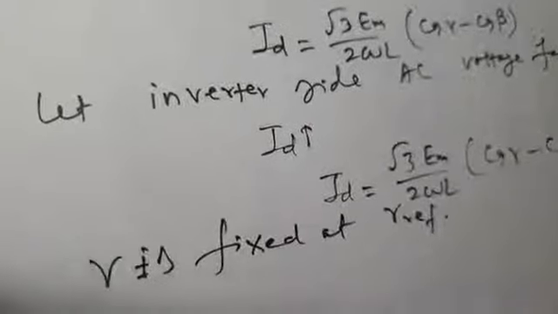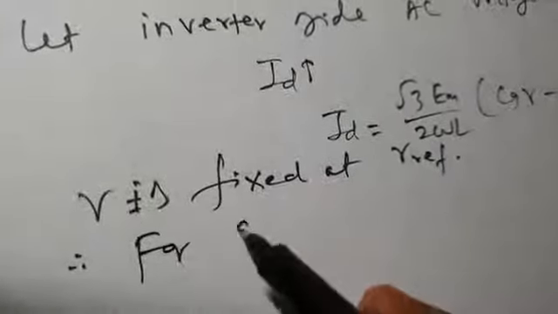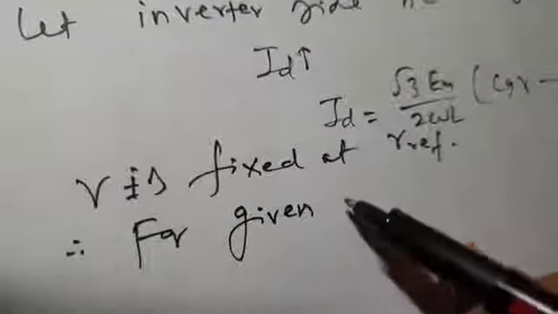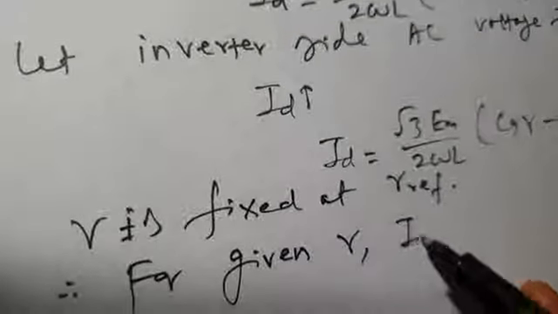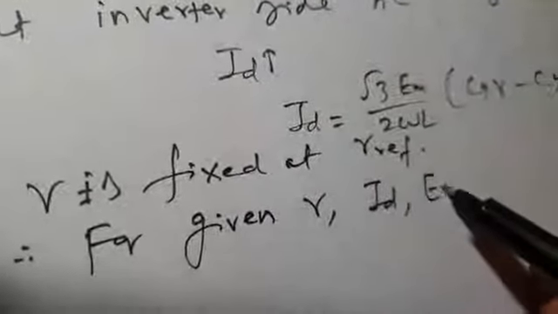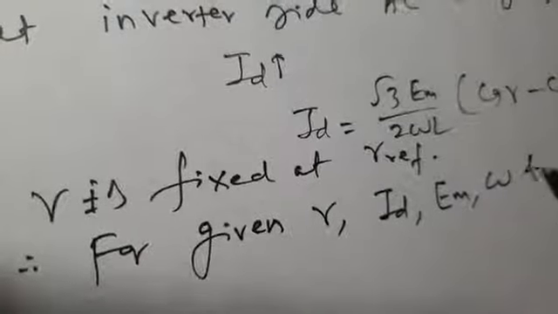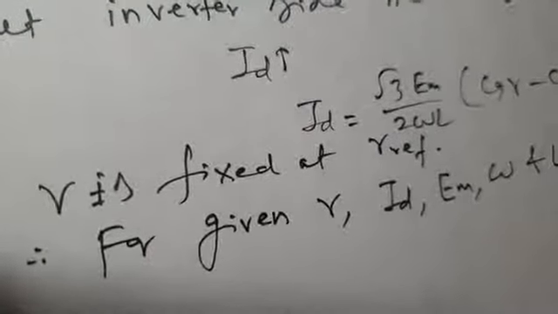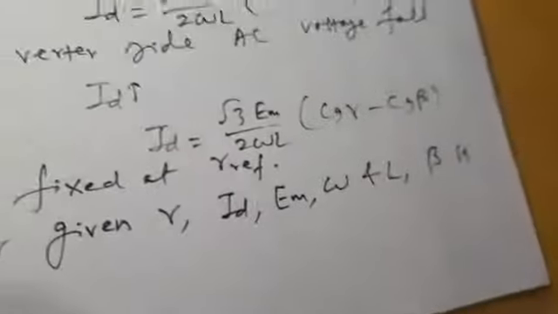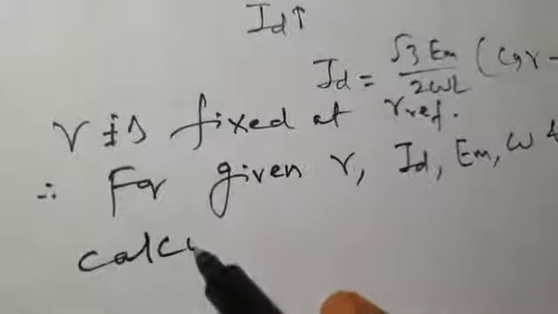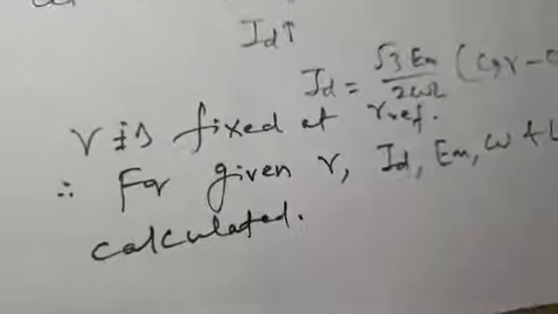So for given gamma, ID, EM, omega and L, beta is calculated. You have to calculate beta. What will your controller do?